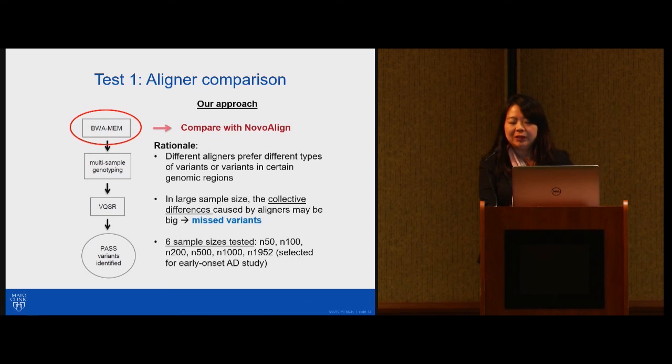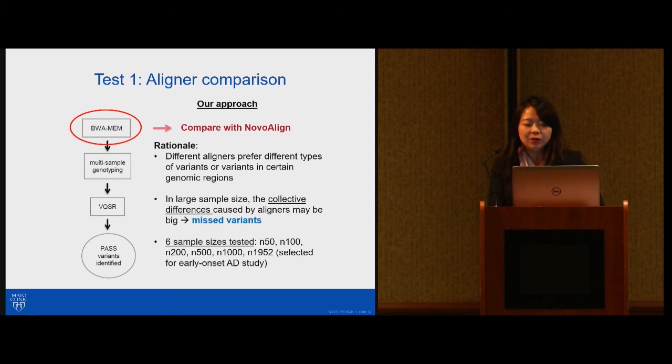In addition to the default BWA-MEM aligner, we also used NovoAlign, which is another popular alignment tool. This is important because different aligners tend to prefer different types of variants or variants in different genomic regions. So in large sample size, the collective differences caused by aligners may be big. And if that is true, that could lead to lots of missed variants.